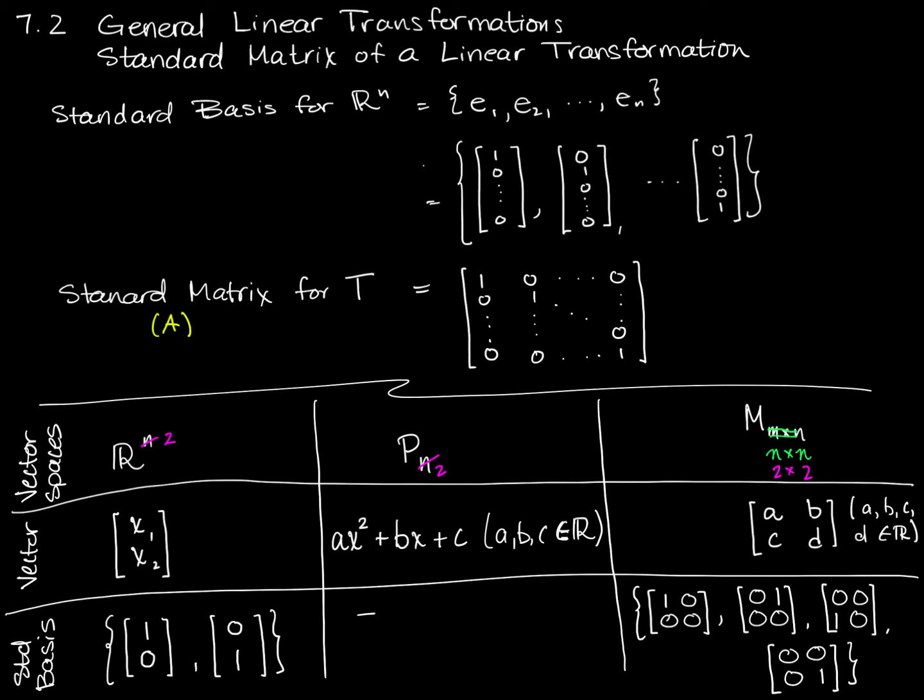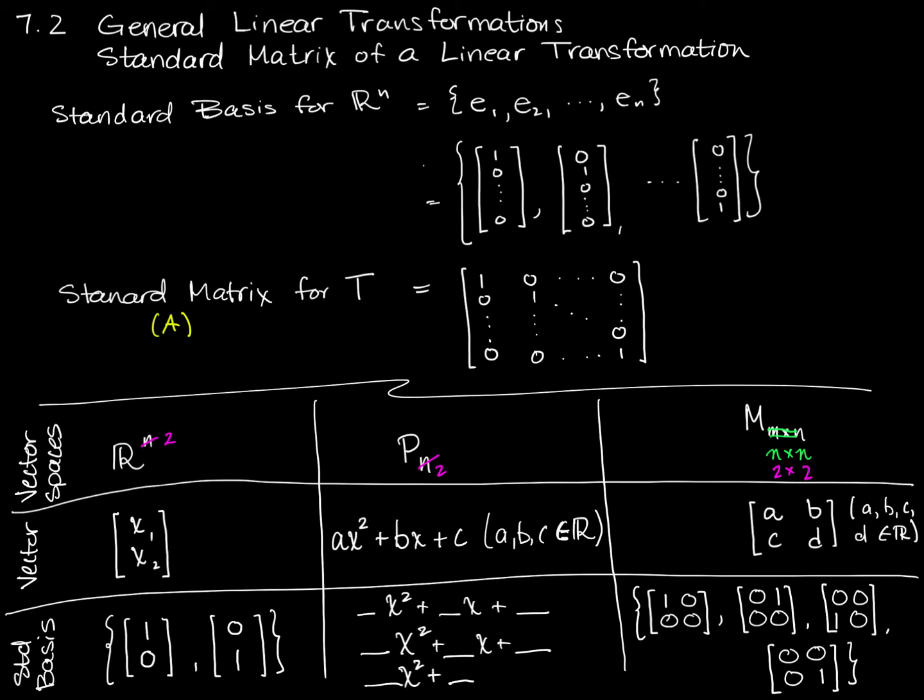In the polynomials of degree 2 or less, I'm going to put ax squared plus bx plus c. I'm going to write that down 2 times. We don't need to write it this way, but I want to show you where it comes from.